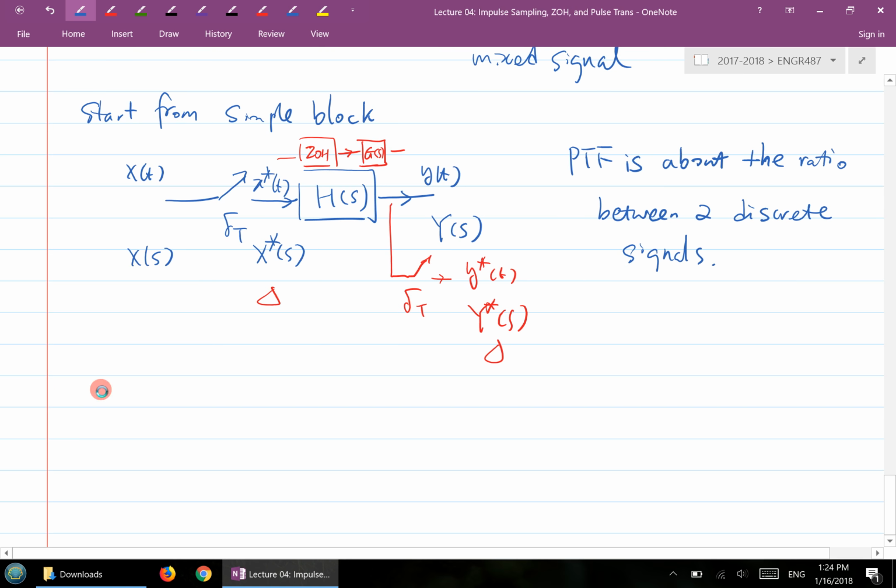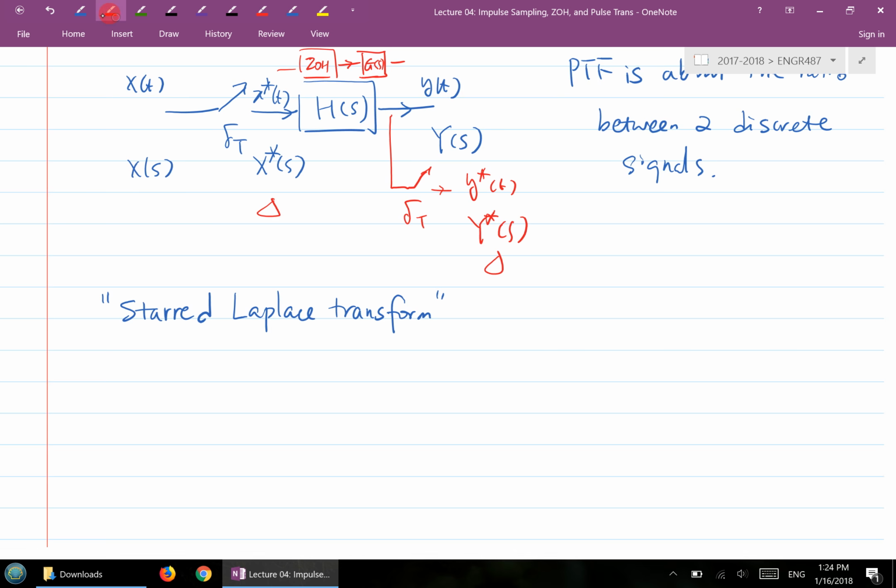So this is the right moment to introduce another concept now. We introduce a concept called the star Laplace transform. It's nothing new really. Basically this y star of s, or x star of s, is what the star Laplace transform is referring to here. Let me rewrite that expression when I talk about the sampling theorem.